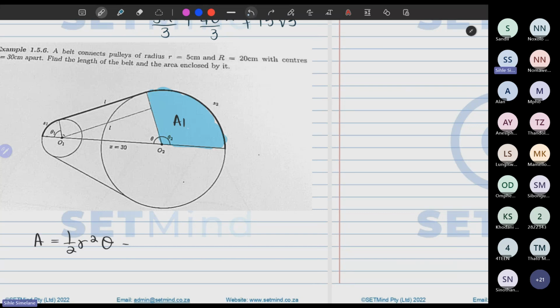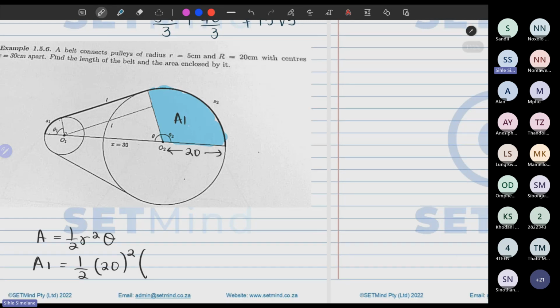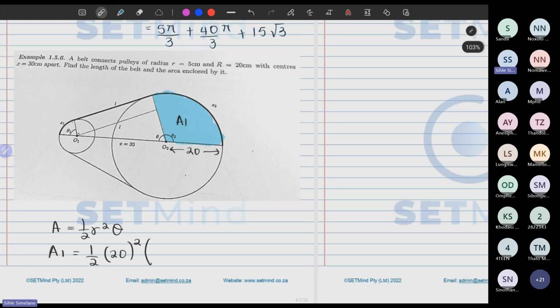So if we're looking at area 1, you will remember that the radius is what? 20. You remember, because we have 20 as the radius of the bigger circle. Then we'll square it. The angle theta 2, you saw that we found it as 2 pi over 3. So 20 squared will be 400.